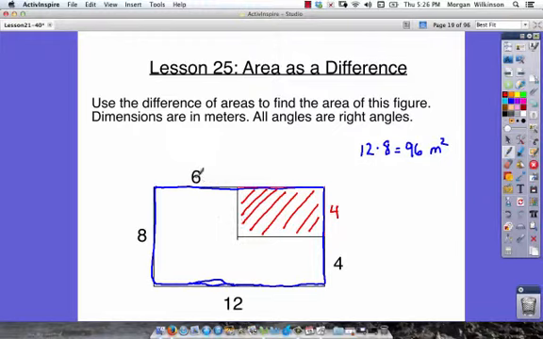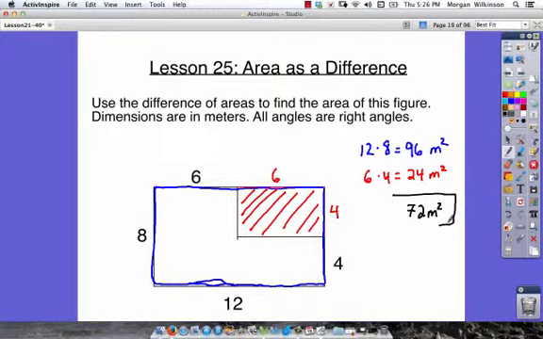Likewise, if we've got a length of 6 meters on the top, and the total on the bottom is 12, then this must also be 6. So in red, that area is going to be 6 times 4, our length times our width. And 6 times 4, that must be 24 square meters. Now to find area as a difference, we're just going to subtract. When we take 24 away from 96, we're going to get an answer of 72 square meters.